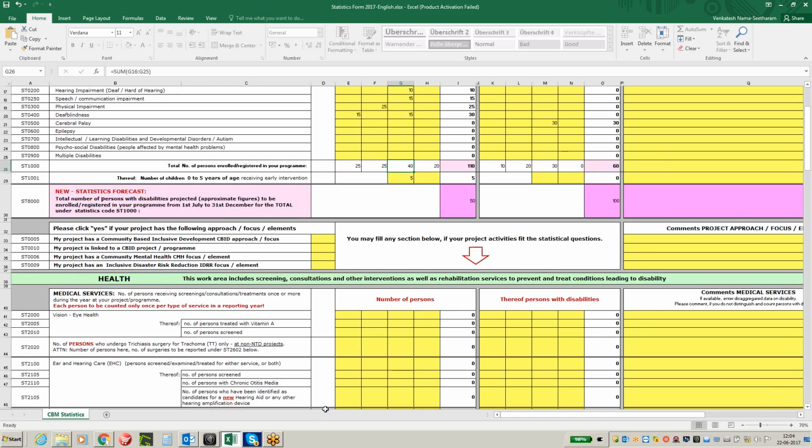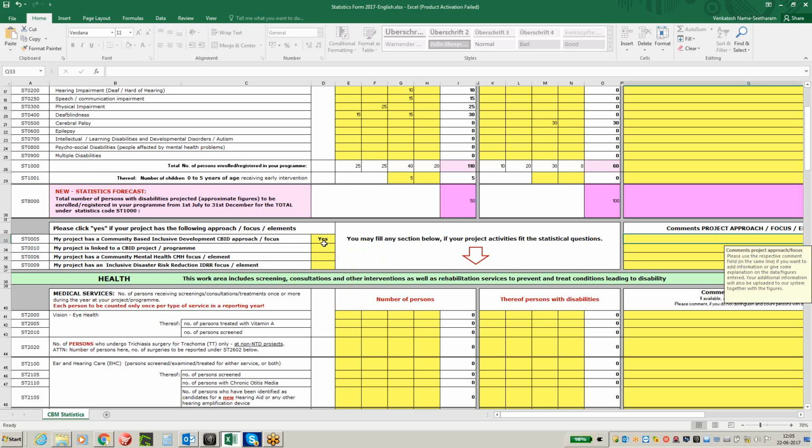Here, in this next section, there is just an option of clicking yes or no. For example, if the project has a community-based inclusive development CBID approach, they can just go here, click and select yes. And if they want to give any comments to it, they can give it.